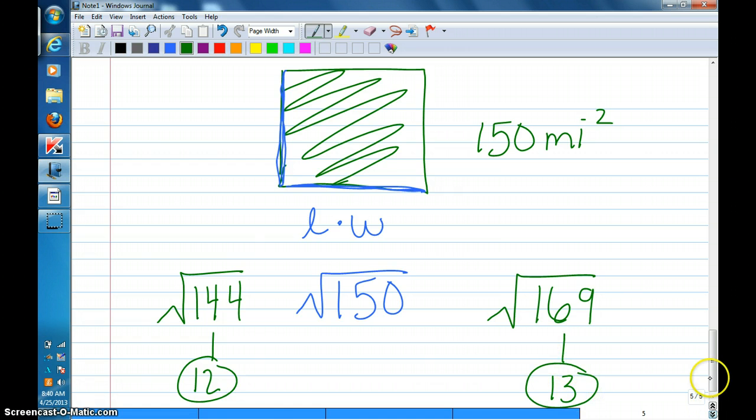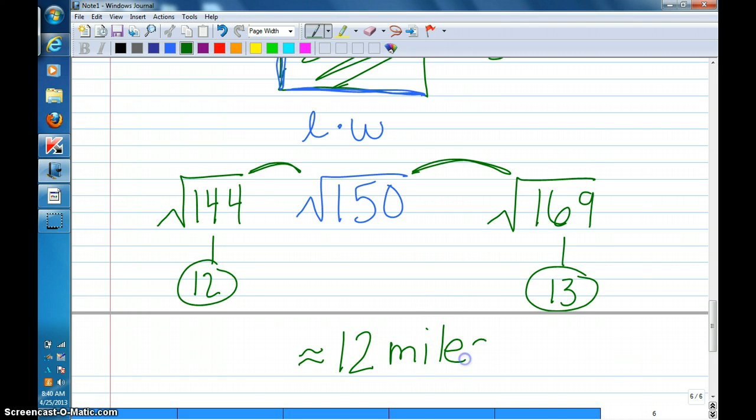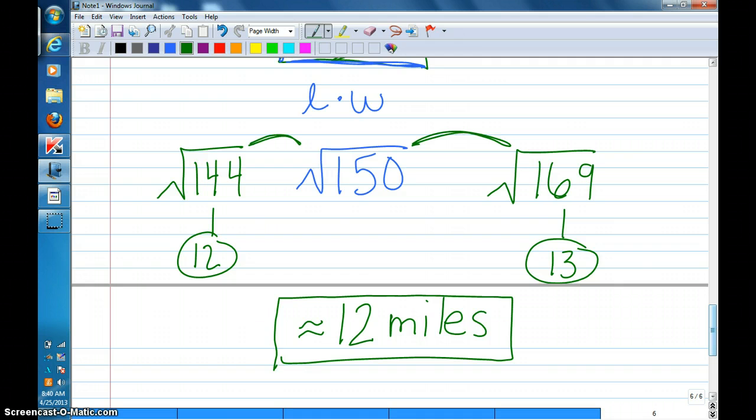So again, I want to see which one it is closer to. Is 150 closer to 144 or is it closer to 169? Well, it's closer to 144. So each side is about 12 miles. Not 12 miles squared because it's the side of the square. It's not the area for that.